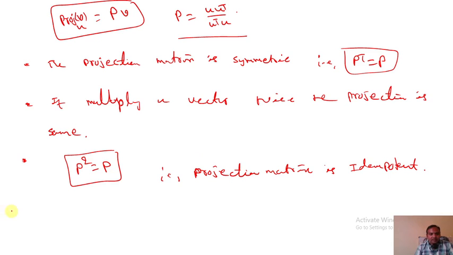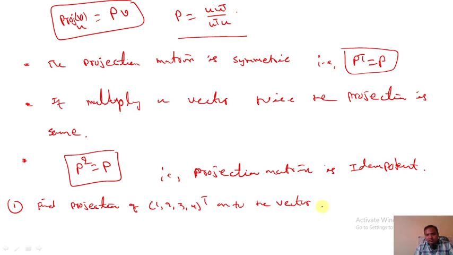Now try some examples. Suppose, find the projection of 1, 2, 3, 4 onto the vector 0, 0, 1, 2, and find the projection matrix also.